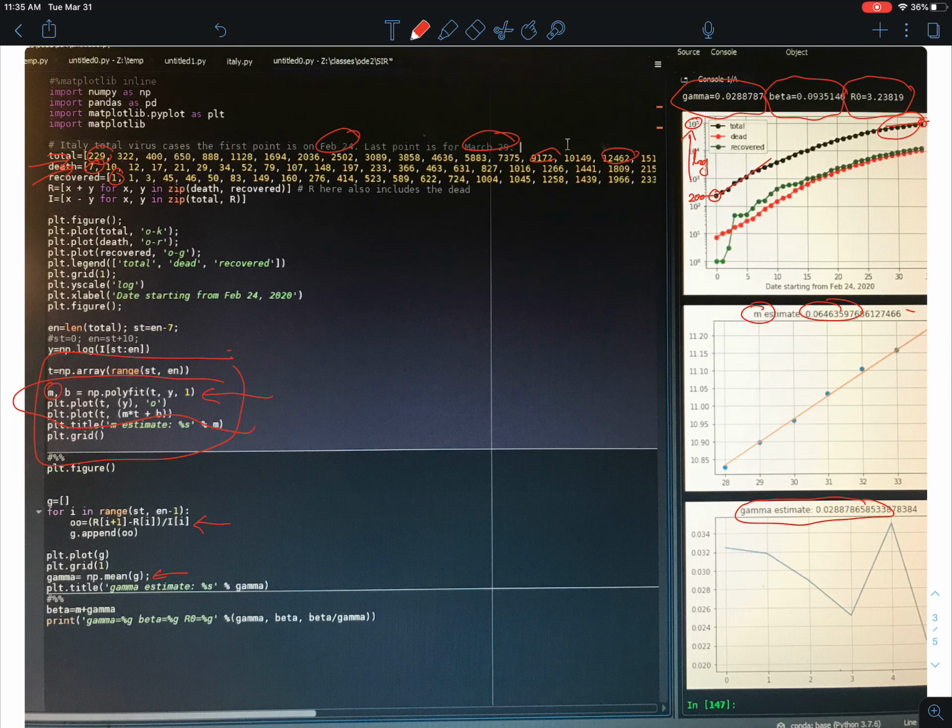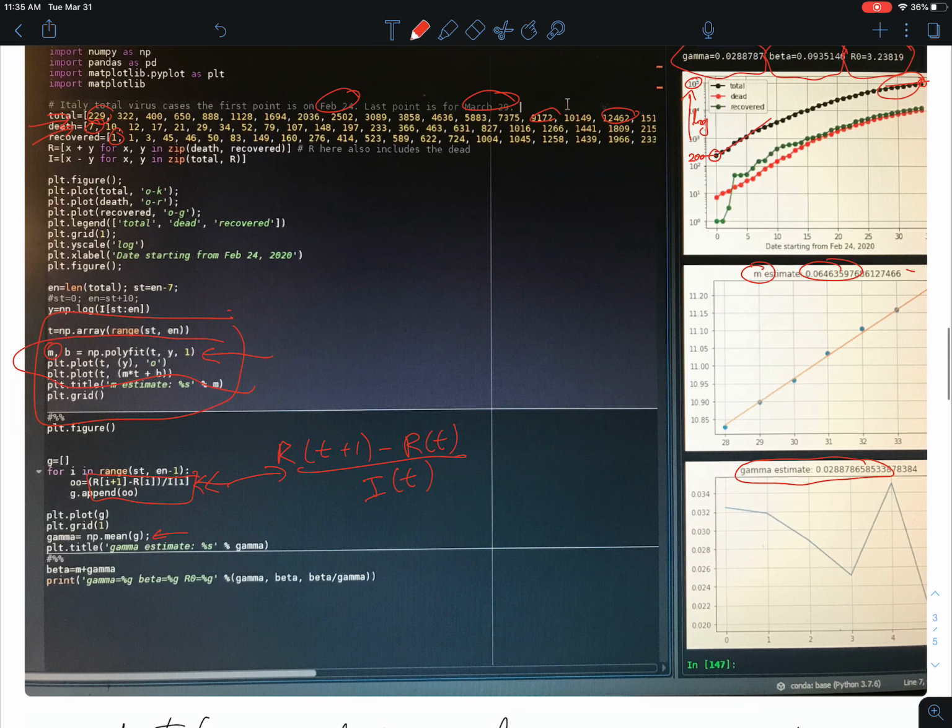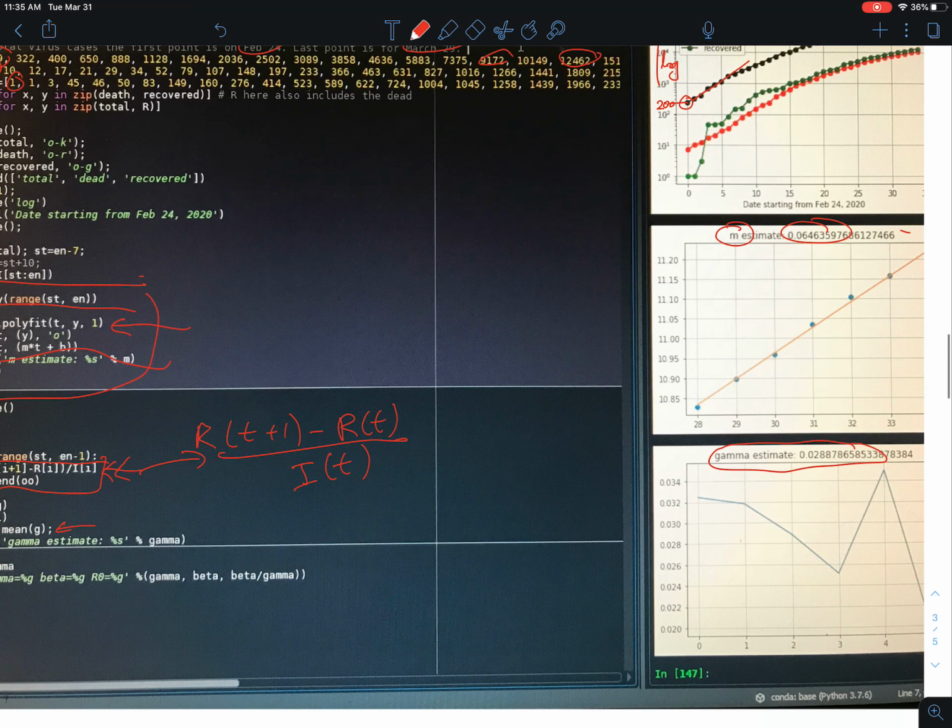Now, to estimate the gamma, here we plot R of t plus 1 minus R of t, divided by I of t, as a function of t for the data through the end of March.